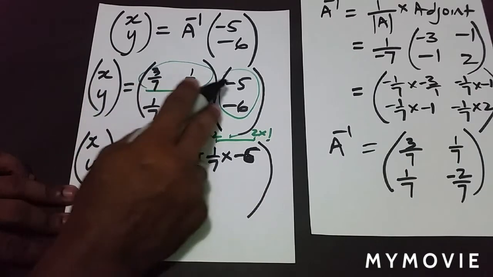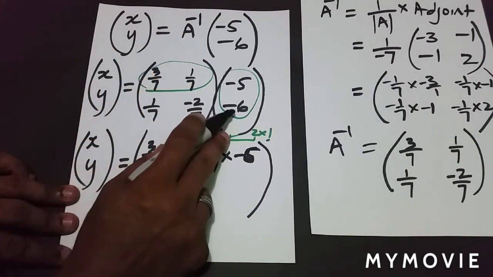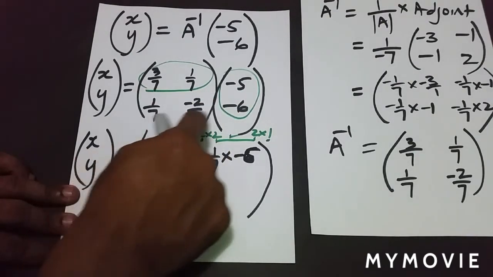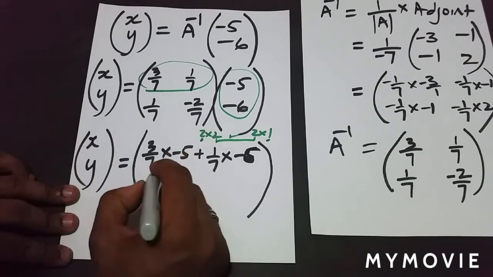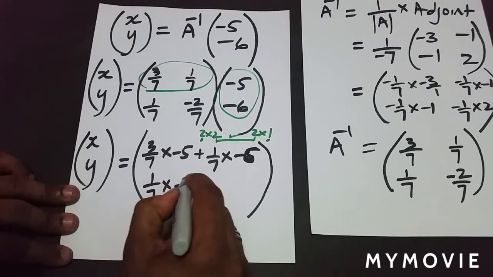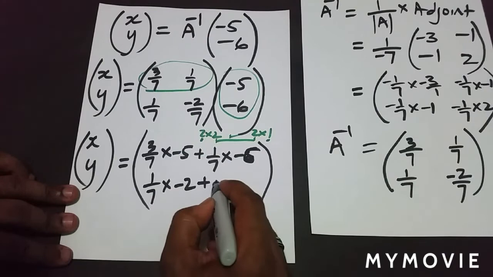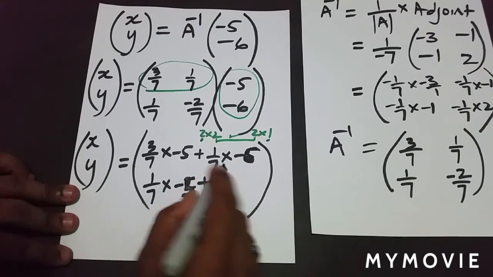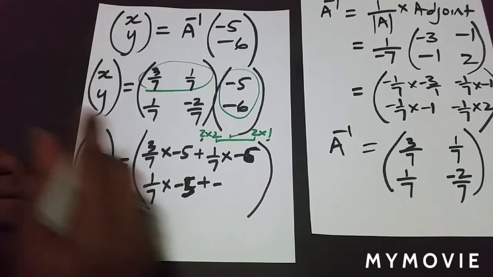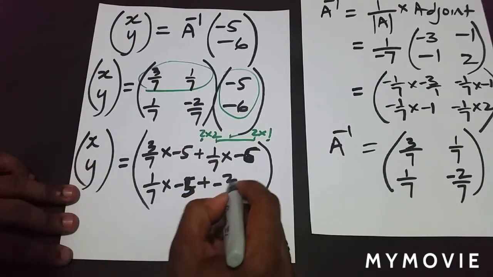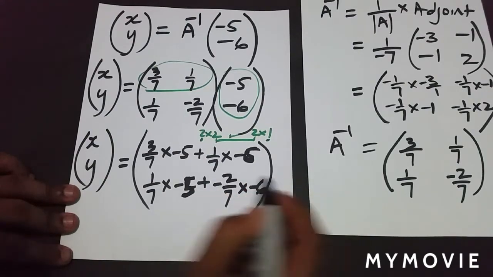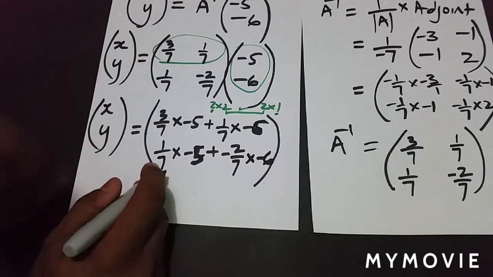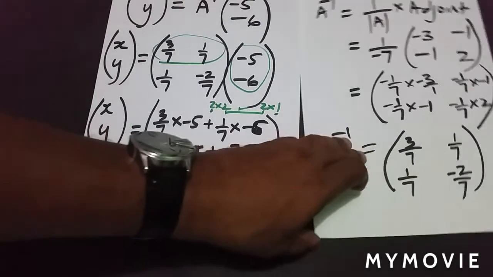So 3/7 times -5 plus 1/7 times -6. So this is a -6 here. And then there are no more columns, so we move down to the second row and start the process again. So 1/7 times -5 plus -2/7 times -6. I'm rushing a little bit because of the phone issue.